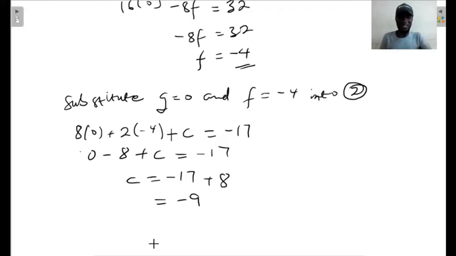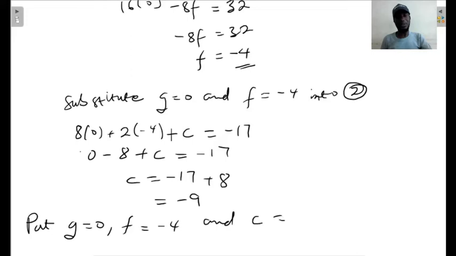Now we put everything together. So now we are going to substitute G equal to 0, F equals negative 4, and C equals negative 9 into equation 1, which is the general equation of a circle.